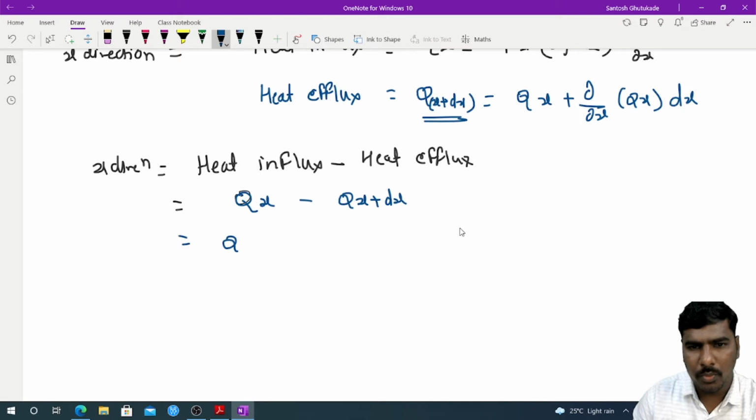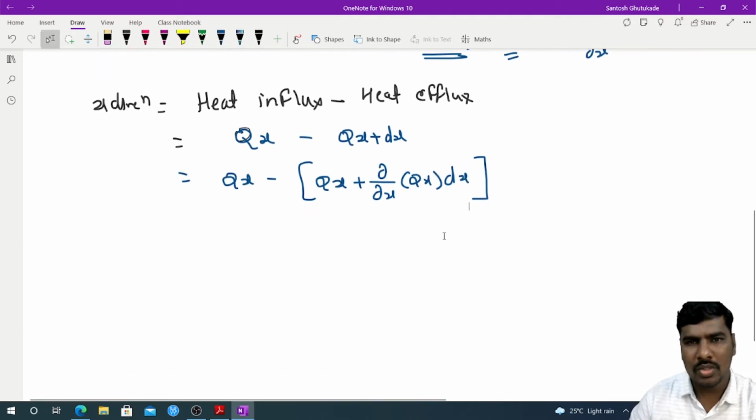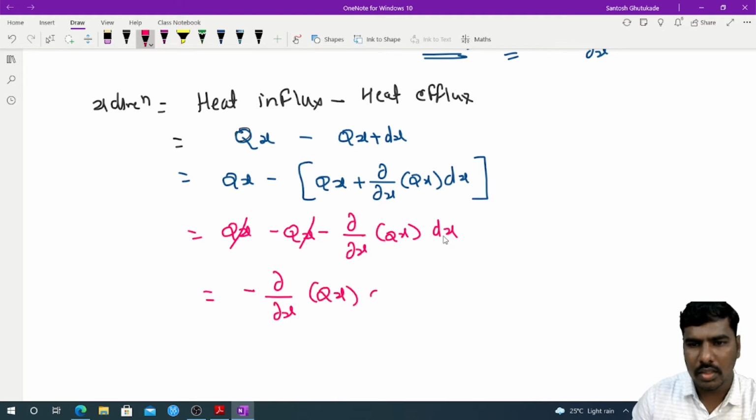Now I am putting the value of Qx plus dx from the heat efflux equation, that is Qx plus dou by dou x of Qx into dx. When taking the minus outside the bracket, the signs change, so this becomes minus Qx minus dou by dou x of Qx into dx. So Qx minus Qx cancels, and the remaining equation is minus dou by dou x of Qx into dx.